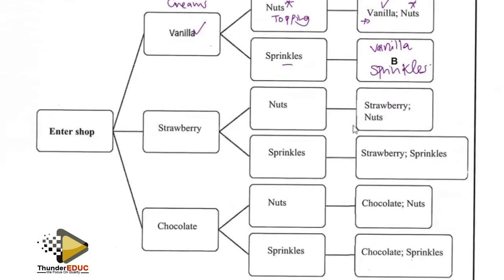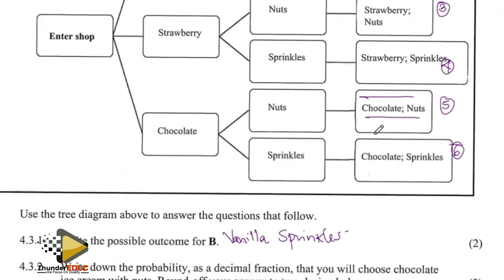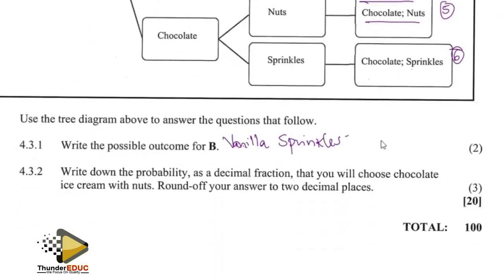We have 1, 2, 3, 4, 5, and 6. Out of these 6, how many are chocolate and nuts? We only have 1. So we are looking, should you choose chocolate ice cream and nuts? So it's 1 out of 6.